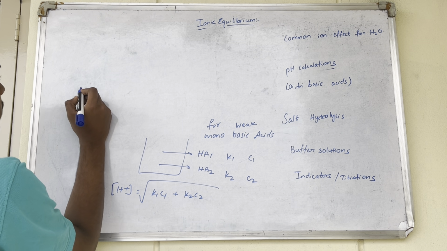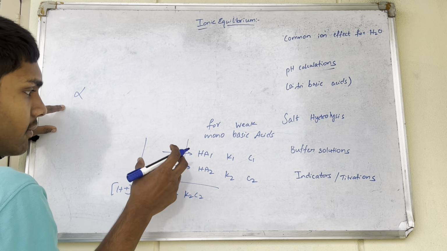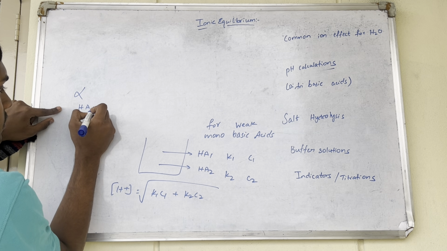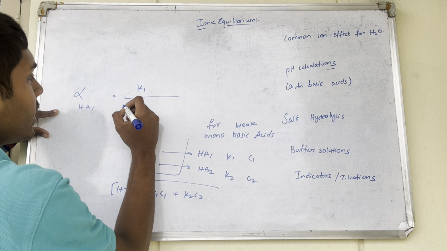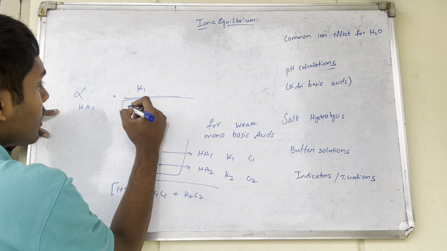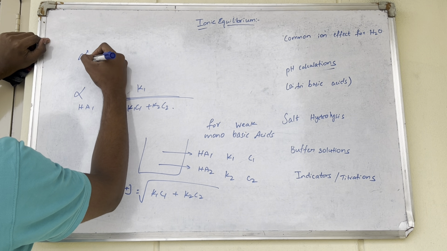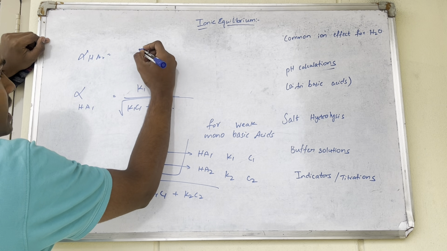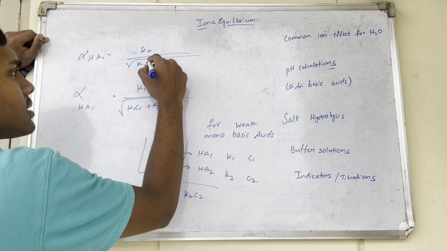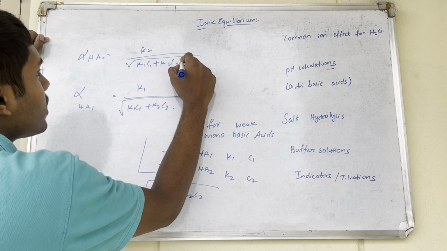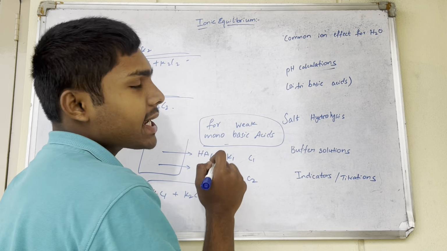And if you want to find alpha, the degree of dissociation for a particular acid like HA1, you can take K1 divided by this term root over K1 C1 plus K2 C2. Similarly, alpha of A2 can be written as K2 divided by root over K1 C1 plus K2 C2. So this is how you are going to deal with weak monobasic acids.